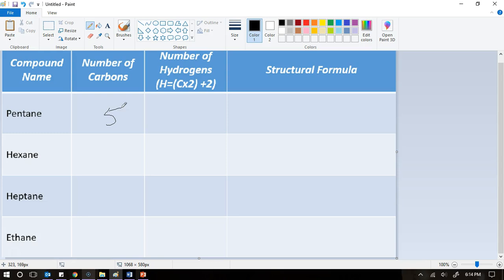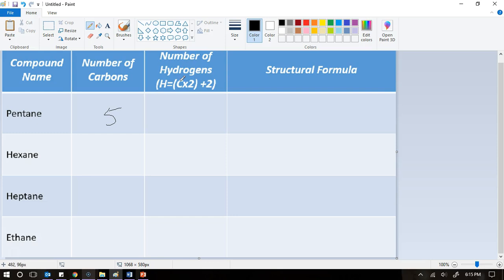So once I've determined how many carbons I'm dealing with, then I want to know, well, if I'm dealing with a saturated hydrocarbon, how many hydrogens does that mean I have? So I've got this really simple formula up here, and that's going to be what's used to determine the number of hydrogens I should have once I actually start drawing out that structural formula.